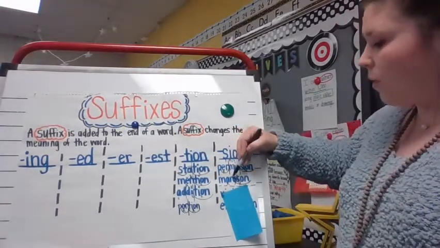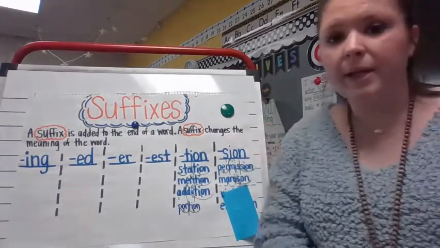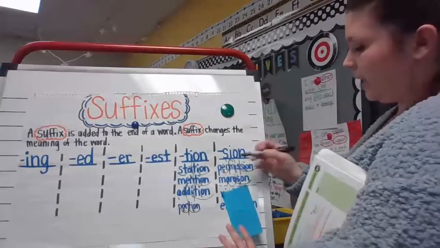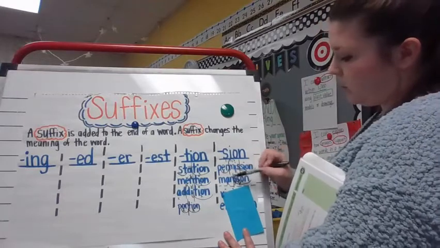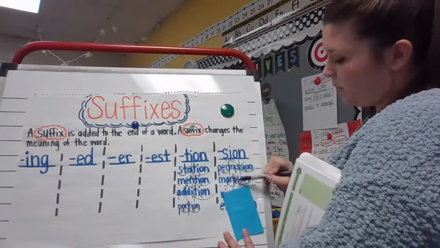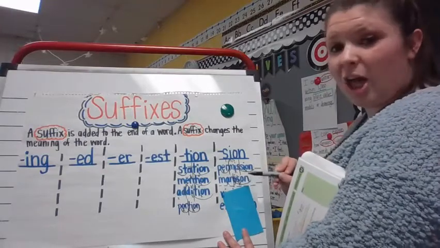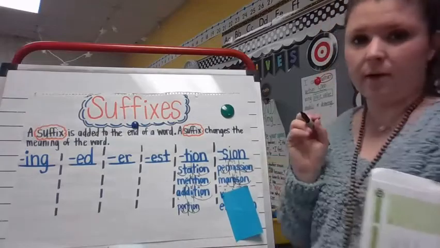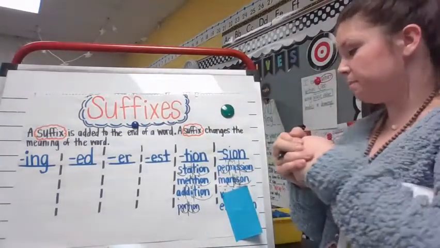So we have a vowel, a consonant, and then that vowel, even though S-I-O-N is in a syllable all to itself, and it says shun here, we're going to split it between those two consonants, N and S. So do you see how that N comes before shun? So it says shun there. Man, shun, mansion. A mansion is a really big house.